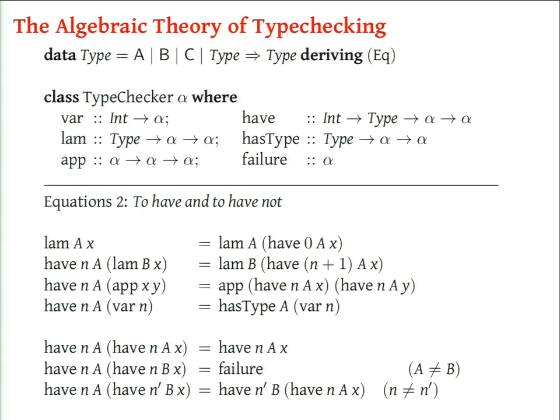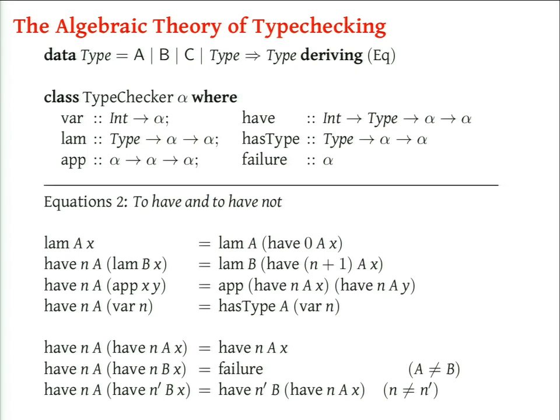And then for the rest of them, so have just commutes with application. And when we have a have which hits a variable and it has the same index, then that turns into a has type, because now this term will have the type A, assuming that the variable that was being used has the type A. And if we make the same assertion twice, then that's the same as doing it once.